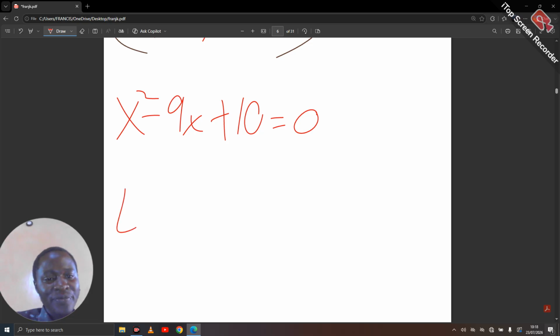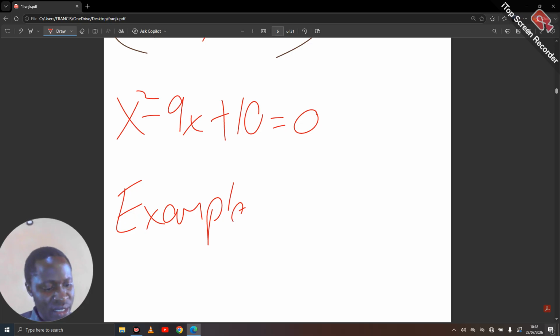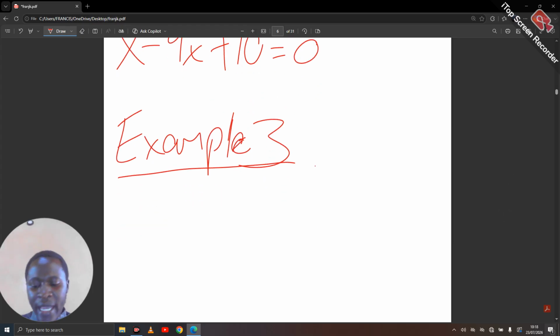Let's look at example 3. Example 3 is an irregular curve.